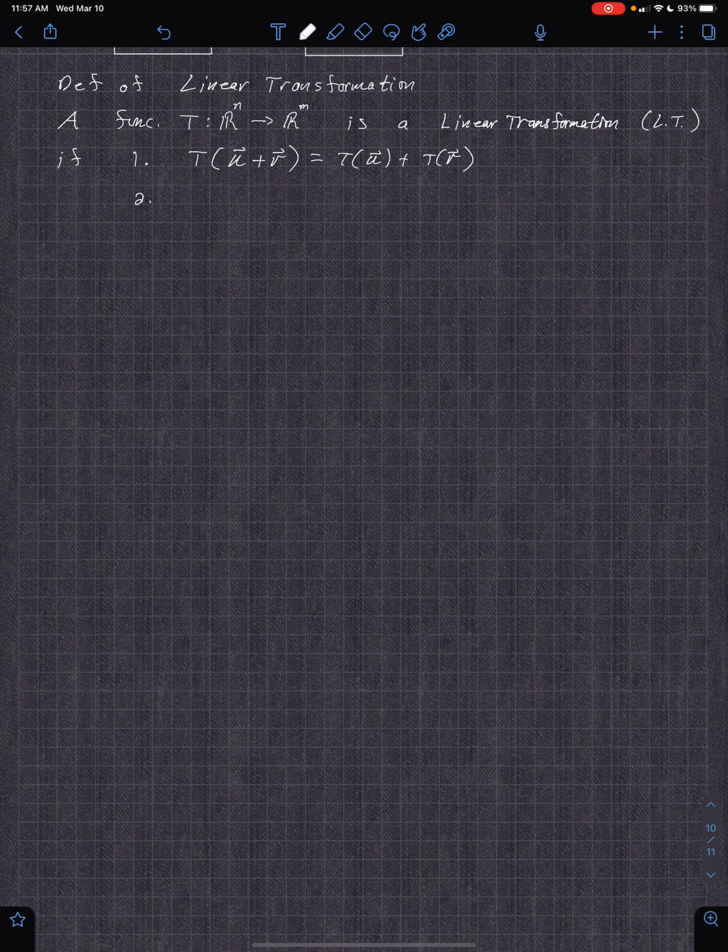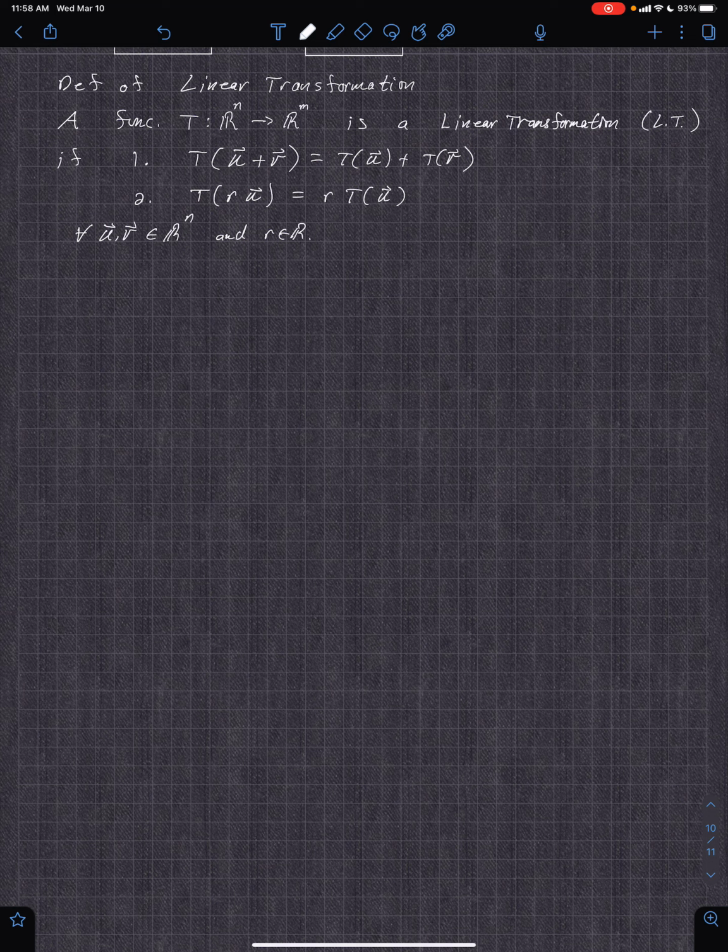Not always the case, right? I mean, if you look at some easy examples where you can't separate a function out like that. And then two, T of ru is equal to r of T of u. So you basically can factor out the constant. And that is true for all u and v in Rn. That's the initial set, which we're putting into the function, and the scalar, of course, r. So r is just a scalar.